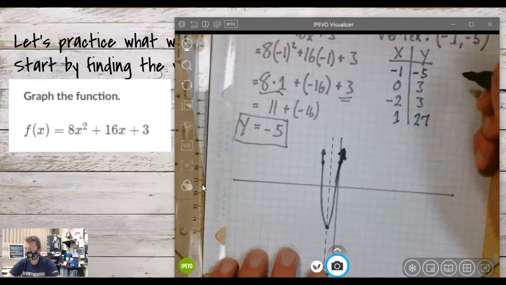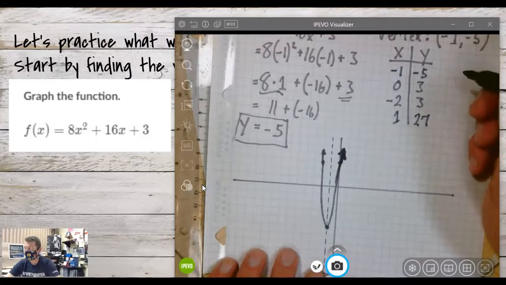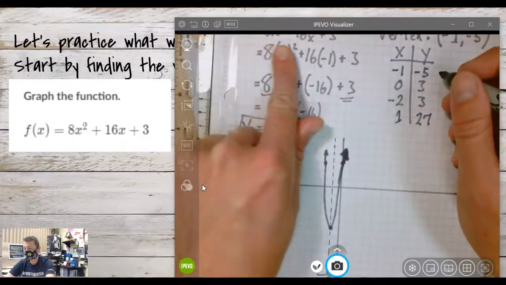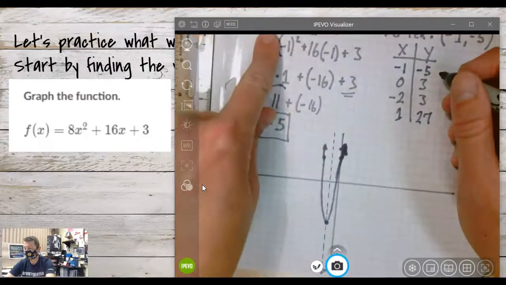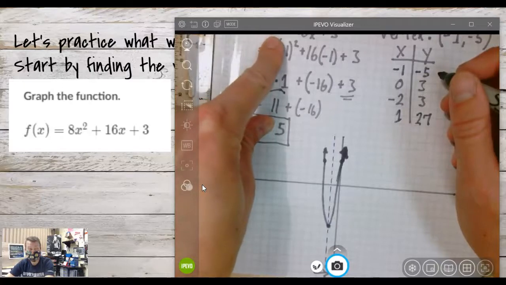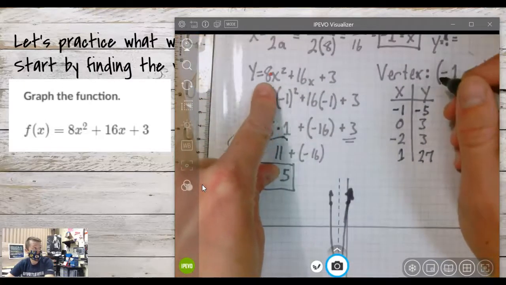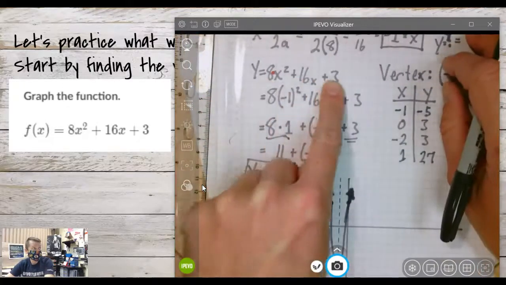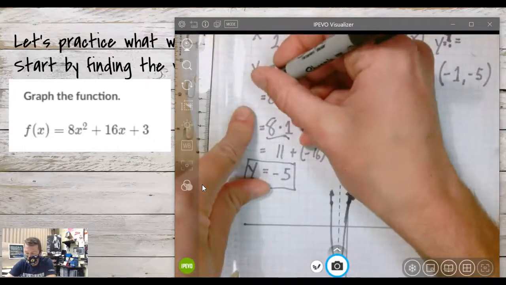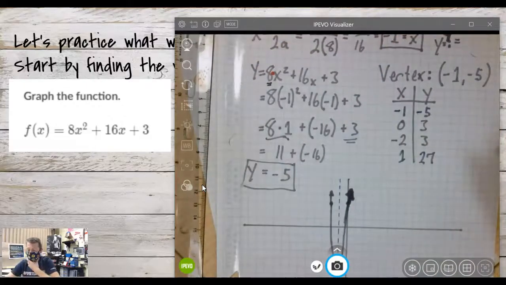Who can tell me why it's so steep? What part of the quadratic makes it so steep? Yeah, the leading coefficient to the x squared. That is what makes it so steep. Sorry, I was pointing at the quadratic and it was off the screen. Yeah, the 8. This 8 is what makes it so steep.